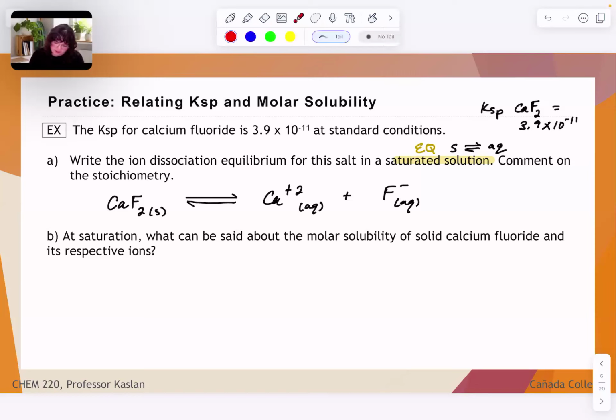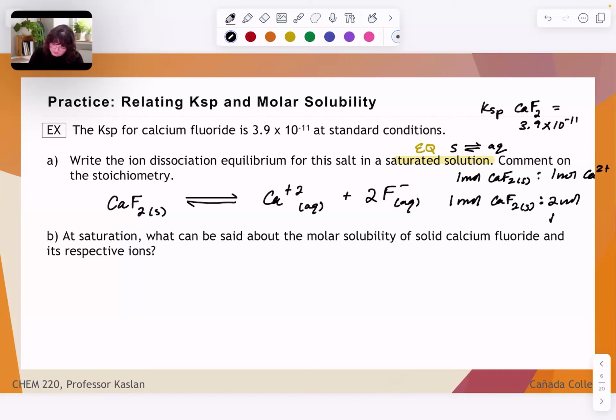If I'm going to follow the law of conservation of matter, I need to ensure that I have 2 of my fluoride ions. And if I'm going to comment on the stoichiometry, let's make a relationship here. So 1 mole of calcium fluoride solid generates 1 mole of calcium ion, and 1 mole of calcium fluoride solid generates 2 moles of fluoride ion.